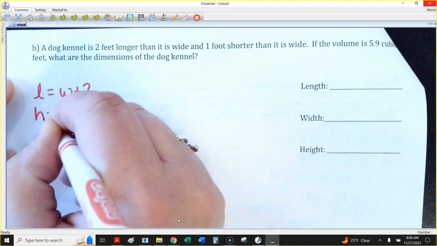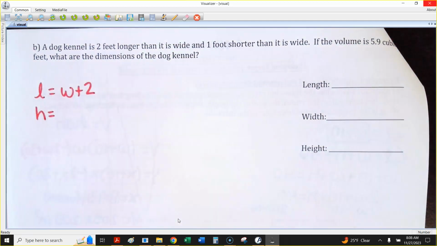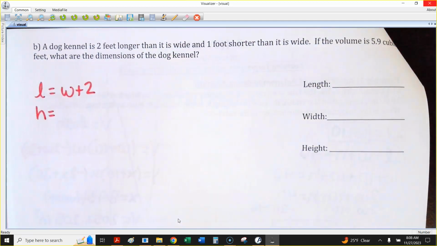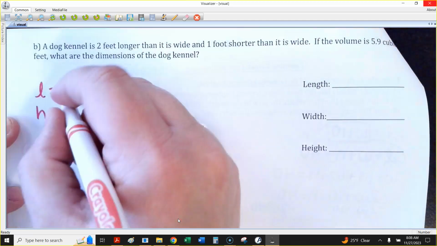Any of these questions, if it doesn't say otherwise, go ahead and assume that it's a rectangular prism shape.